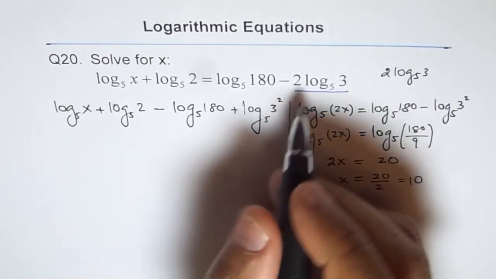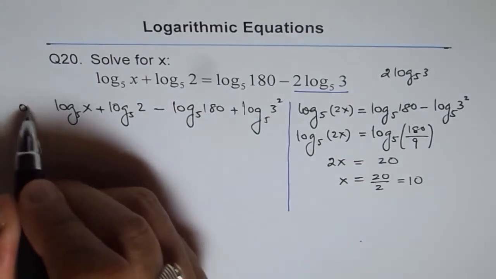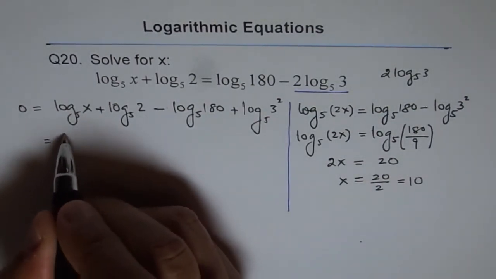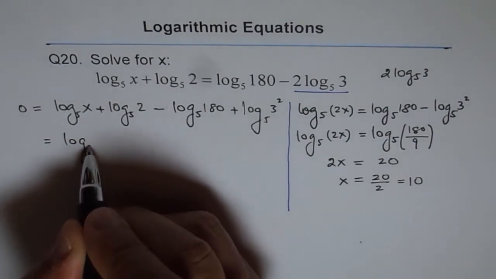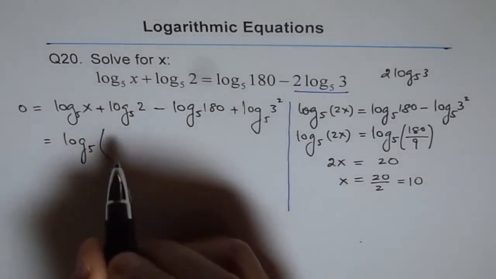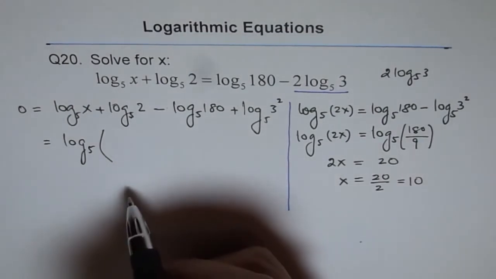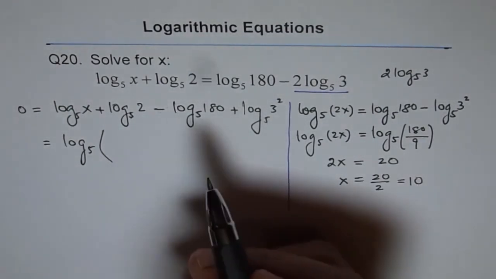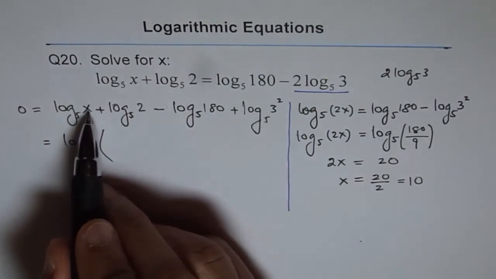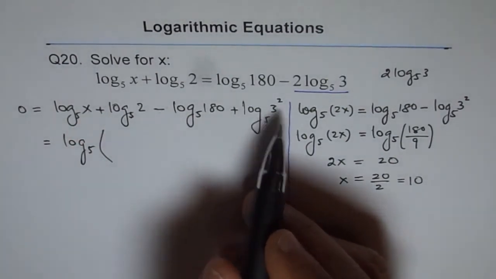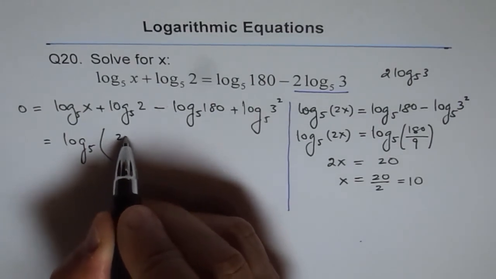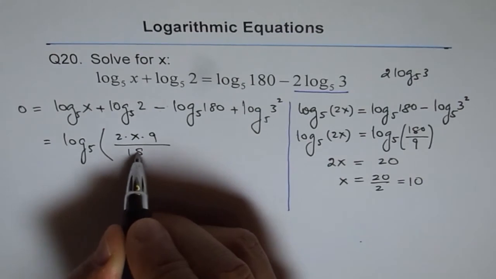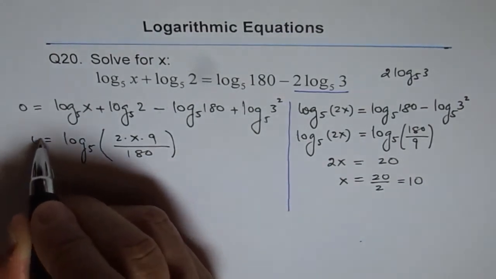When we bring everything to one side, the other side is 0, correct? So we get this as equal to log 5 of, now everything which is with plus gets multiplied, and everything which is with minus comes in the denominator. That's the quotient rule. So we get 2 times x times 9 divided by 180, right? And this is equal to 0.